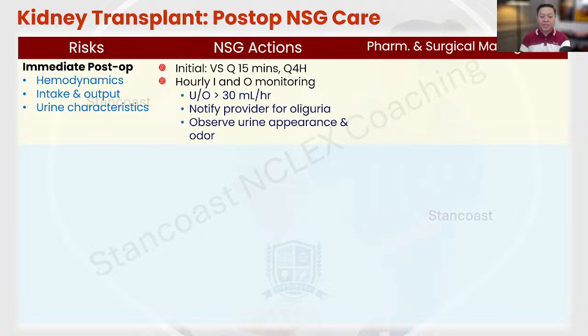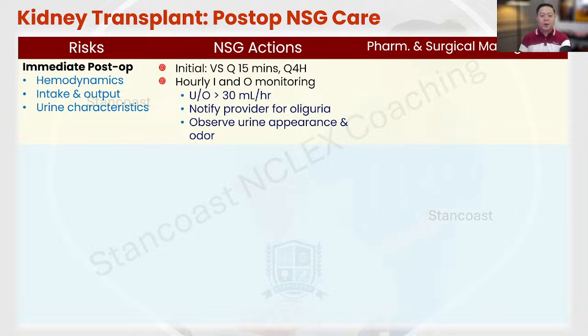Well, that's something that should be addressed right away. There is an active bleeding going on. So any kind of urinary color change that you can see in this patient, make sure that you report immediately to the physician or the medical provider, surgical team, so that this patient will be sent back into the OR.